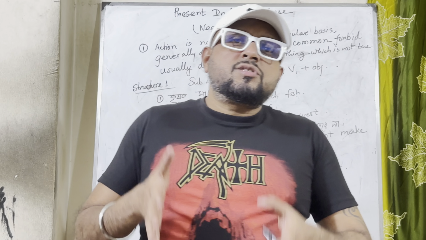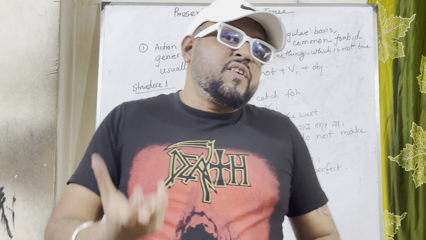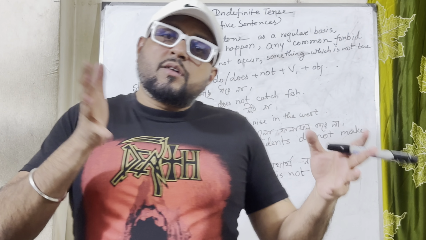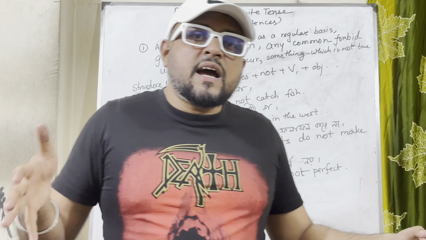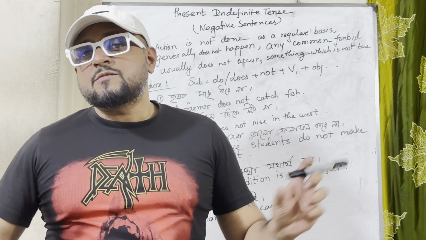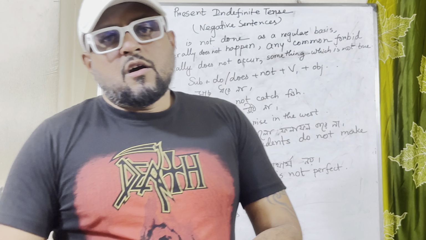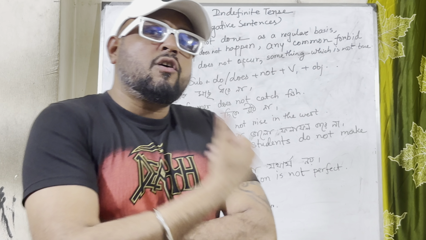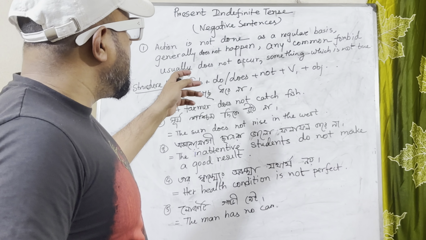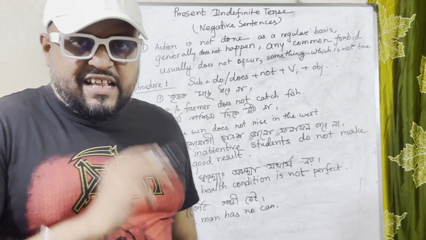Most specifically the rituals that some religion or some society does not perform, if you want to express this type of sentences, you need to use a negative sentence, and the tense should be present indefinite tense.